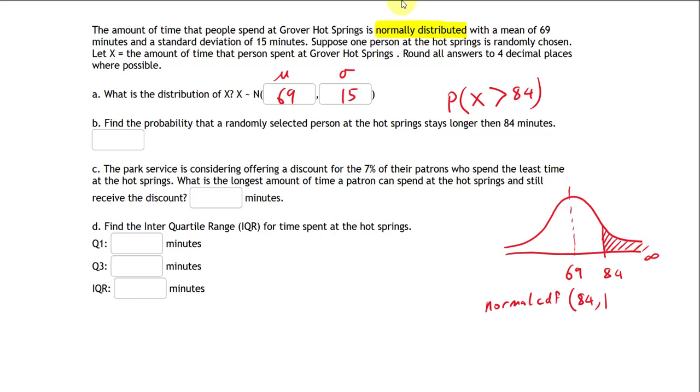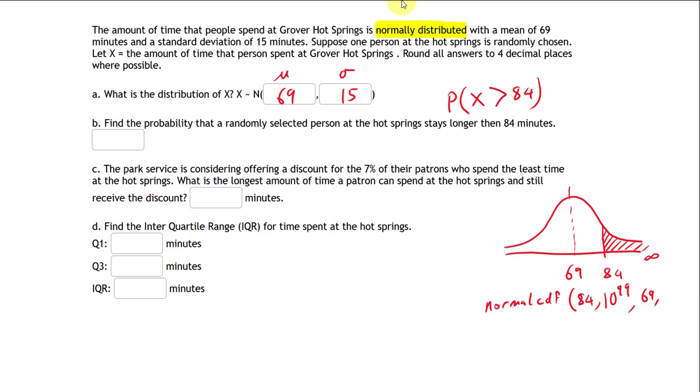In this case, I can just put 10 to the 99 power, which represents a very huge value because we don't have the infinity symbol on the calculator. So we just input a very huge value for the upper bound. And then the next input should be the mean, which is 69 in this case.